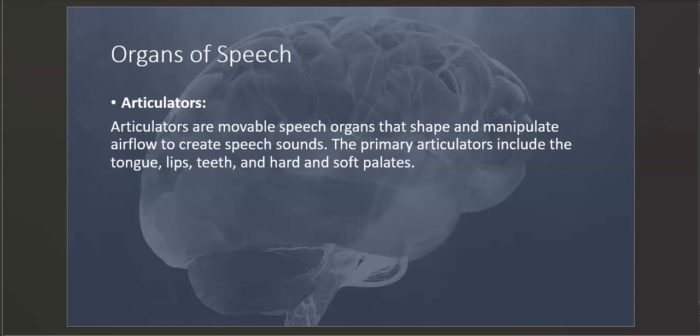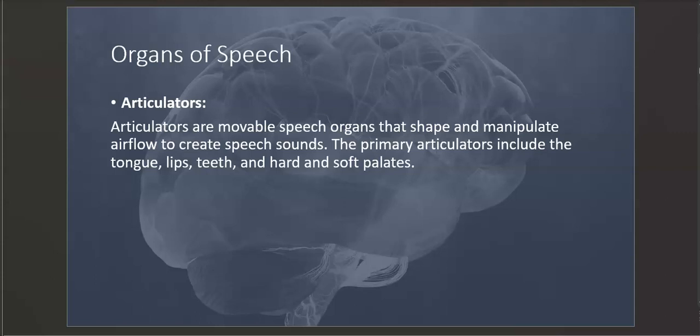So articulators, again, just like the oral cavity, but here articulators are the movable speech organs, the organs that move. If you compare, for example, the tongue, when you talk about letters like L, you notice that your tongue moves. When you say words like R, you notice there's some movement in your tongue, okay?